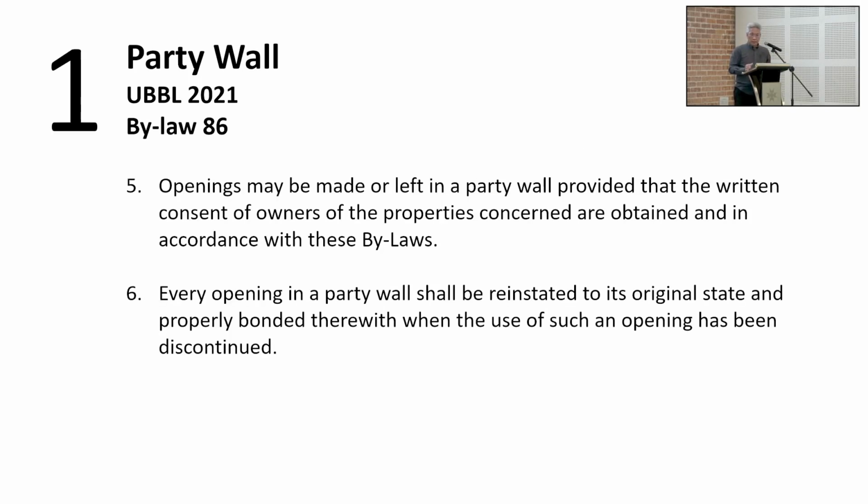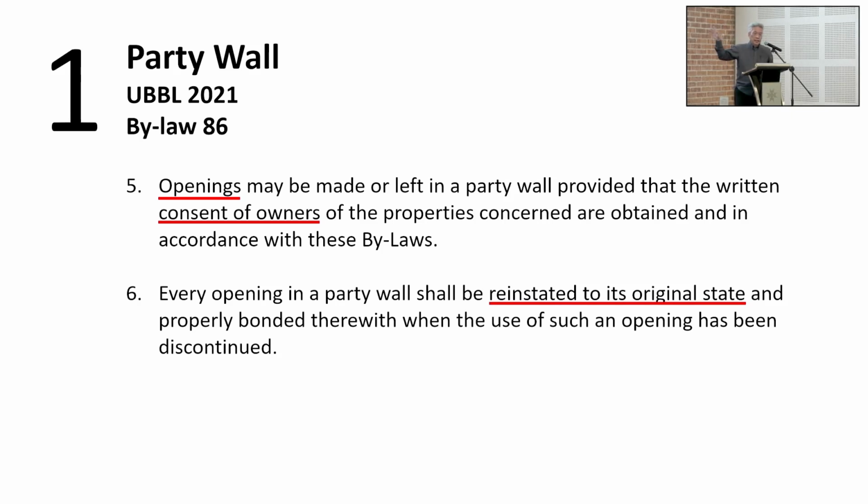Right? Now, the last 2 things. Openings may be made or left in a party wall, provided the written consent of owners of property concerned is obtained in accordance with these bylaws. And every opening in a party wall shall be reinstated if this requirement is no longer needed. Yeah?